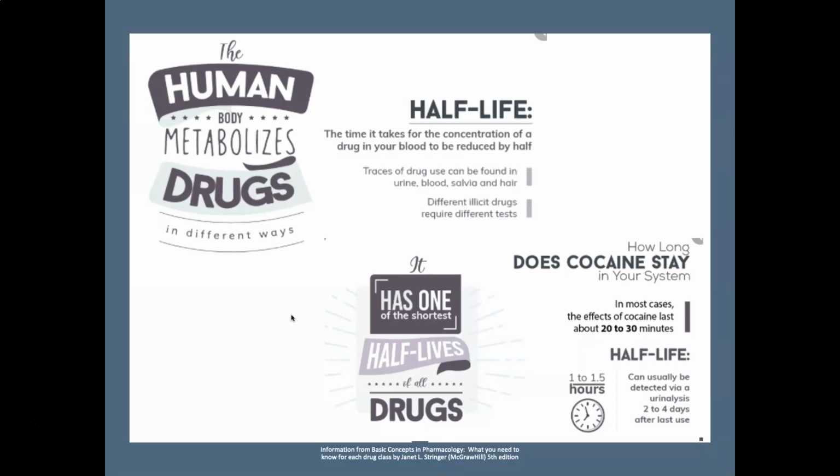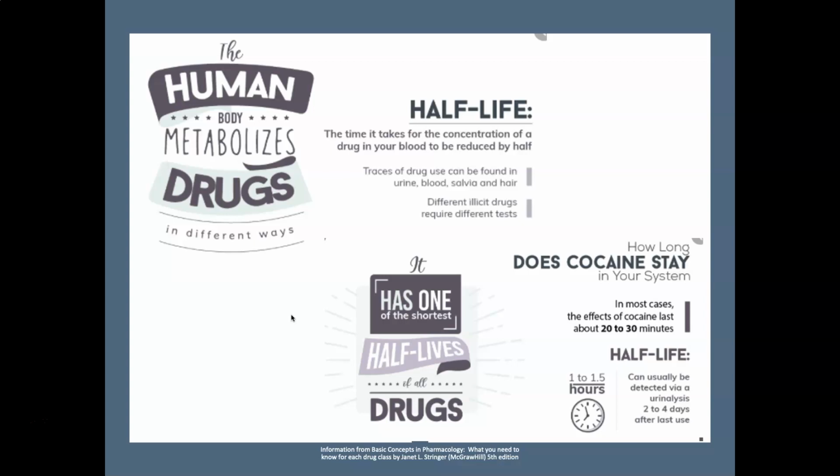All right, so half-life. This is the time it takes for the concentration of a drug in your body to be reduced by half. Traces of drug use can be found in urine, blood, saliva, and hair. Different illicit drugs require different tests. One example I was able to pull up was cocaine. In most cases, the effects of cocaine last 20 to 30 minutes, but the half-life of cocaine can be detected via urinalysis 2 to 4 days after the last use.